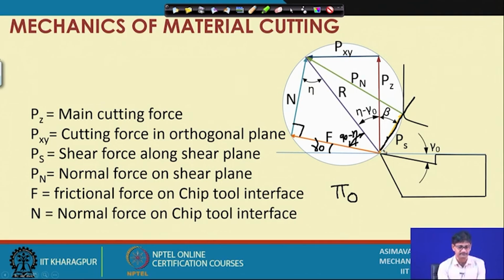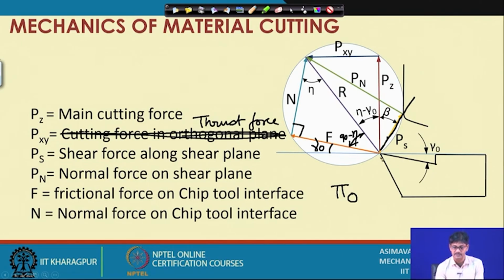Let's formally define them. Pz is called the main cutting force. Pxy is the thrust force. When you are doing longitudinal turning, this force tries to push the job away from the cutter.